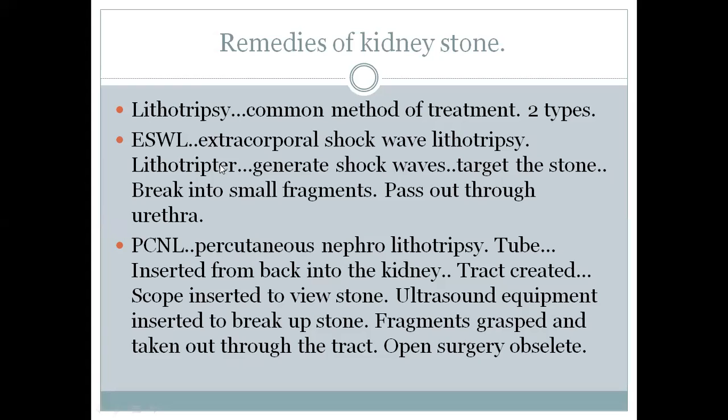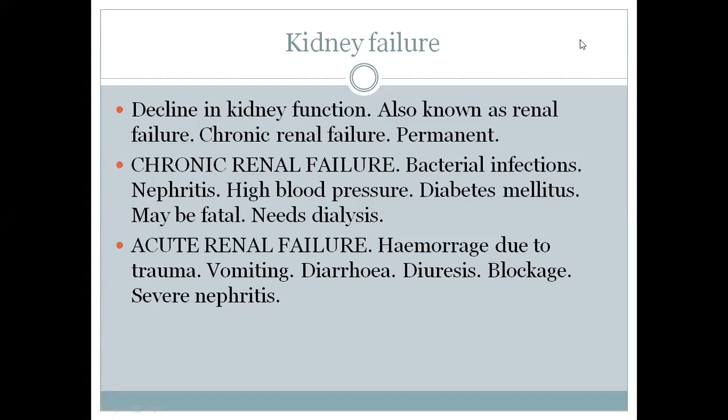Now, this was about the kidney stone removal, and the next topic that we are going to discuss is kidney failure. Kidney failure is the next topic that we're going to study. Kidney failure is defined as a decline in kidney function. Decline means fall.